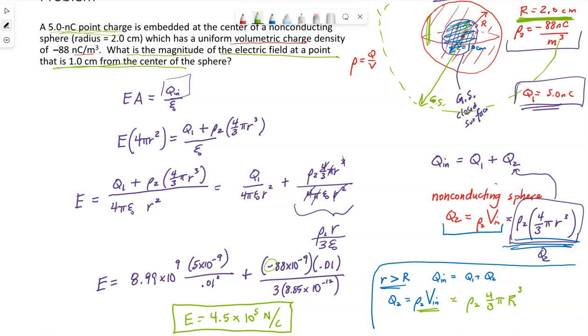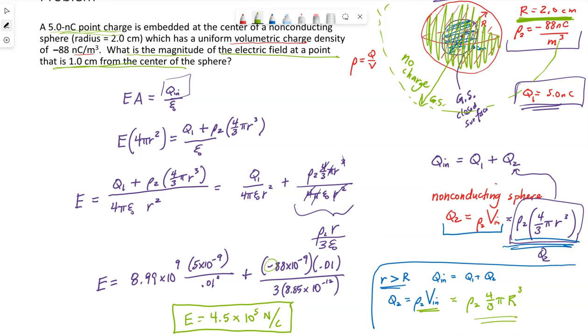And that's because the charge is only distributed out to that 2 centimeters. There's no charge between the 2 centimeters, or outside of the 2 centimeters, I should say. So that would be the main difference between a point inside and outside.